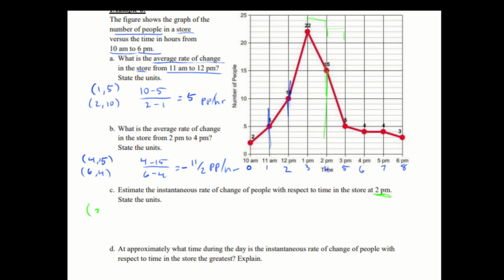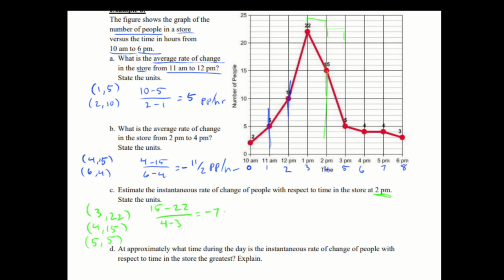We'll write down our points: (3, 22), (4, 15), and our third point, (5, 5). And then we'll subtract the first two values out. We have 15 minus 22 over 4 minus 3, and then it'll be negative 7.